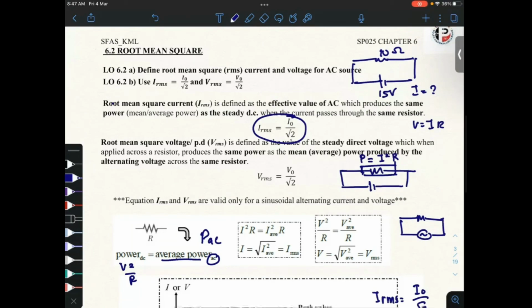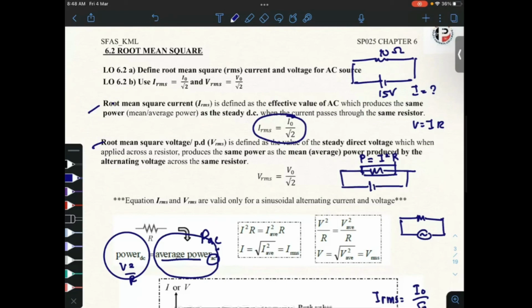Okay, dari segi definition dia pula adalah apa yang aku kena faham adalah definition untuk power pula. Power in the DC across a resistor akan sama dengan average power in the AC across that same resistor. Itu sahaja maksud untuk RMS, iaitu power in the DC akan sama dengan average power in the AC across the same resistor. Dua-dua ni membawa maksud yang sama.